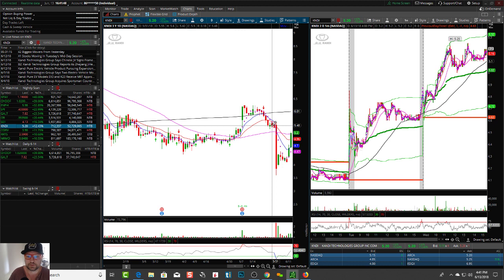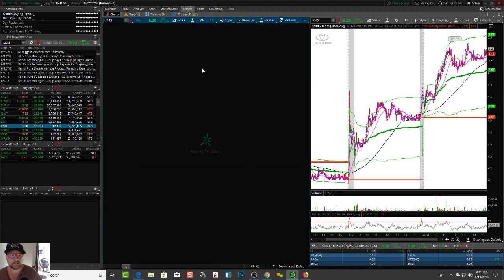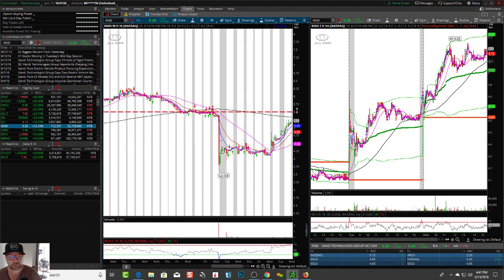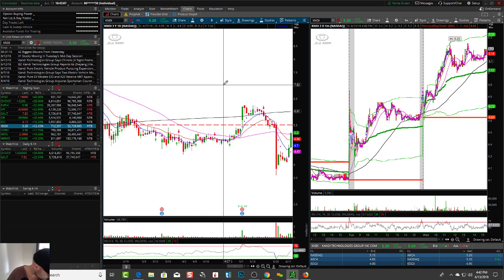You can see probably right around 550 you're going to have some resistance. It's at 520 now. Let's take a look at an hourly chart. It's getting right near that 200 SMA with a potentially bearish day tomorrow. So I don't know if I would look at that one. That'd make me nervous.